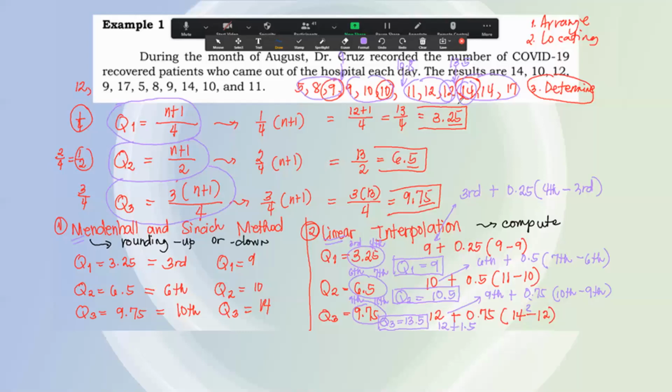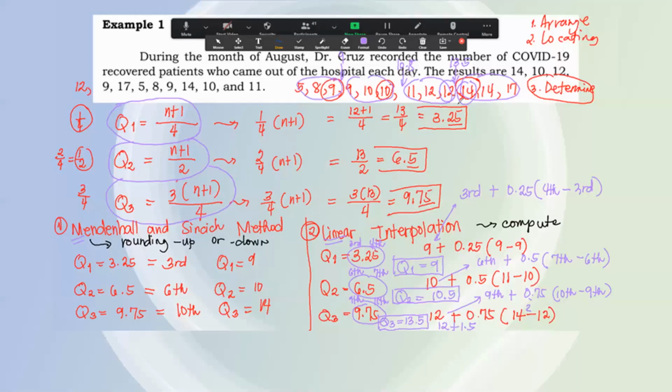Tama. Right, the short. Right, the short. Okay. Very good.